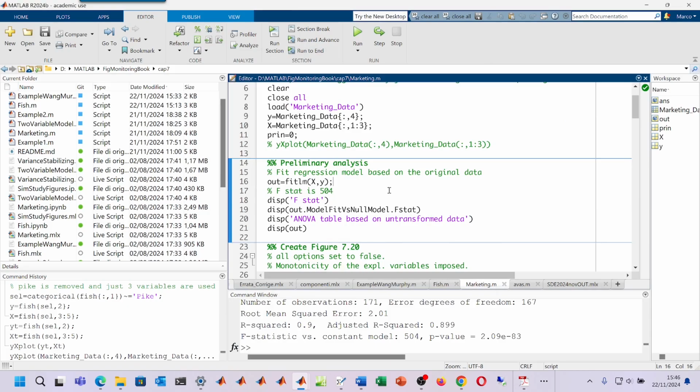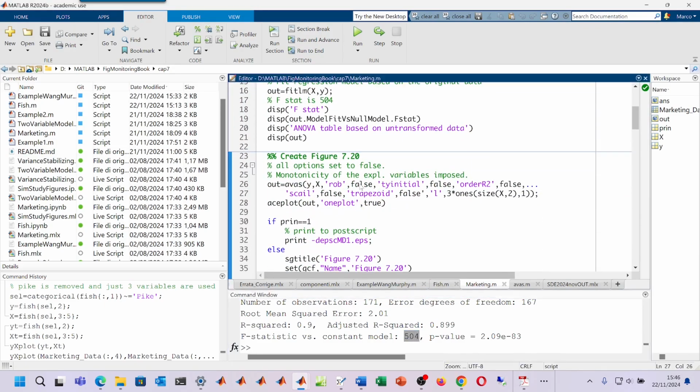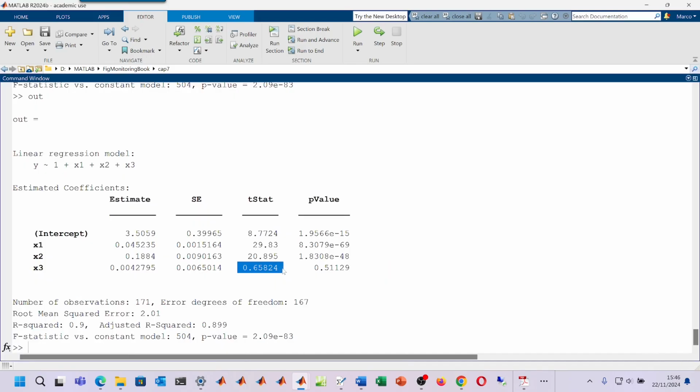We fit a regression model based on the original data, and then we notice that the F statistic of the significance of the overall model is 504. However, the T statistic for X3 only has a value of 0.658. Here is the value of the T statistic.